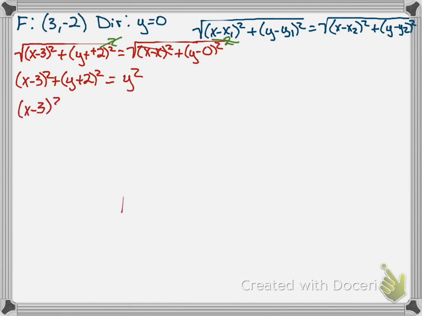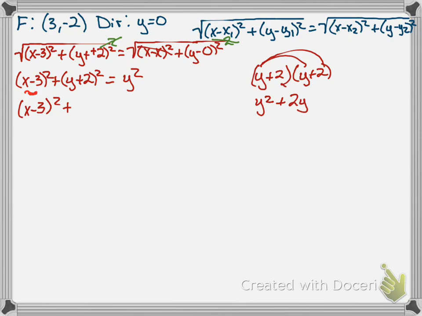Okay, now we need to expand out our y. There's only one x up here, all right, so we're only going to expand the y's, not the x's. Okay, so y plus 2 squared, y times y is y squared, y times 2 is 2y, and 4. So I end up with y squared plus 4y plus 4.